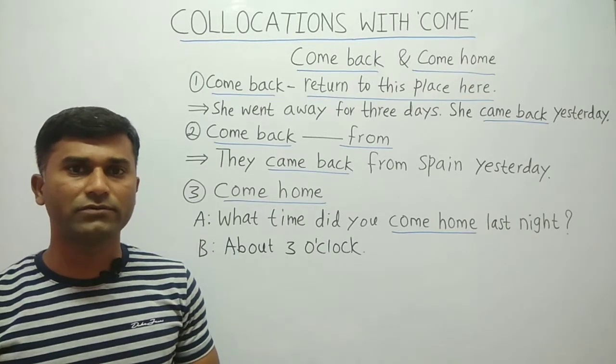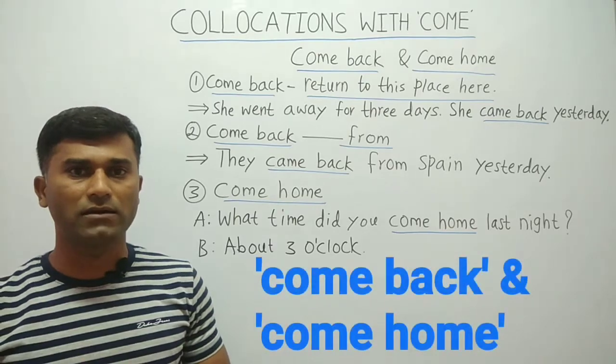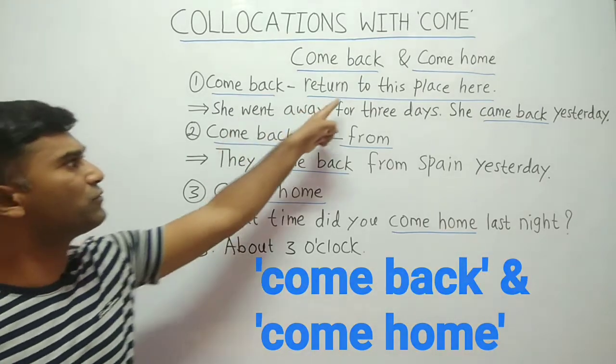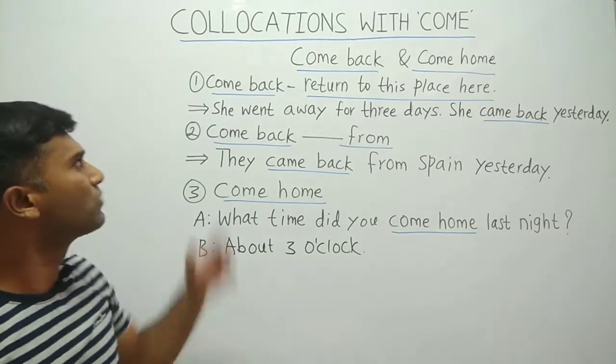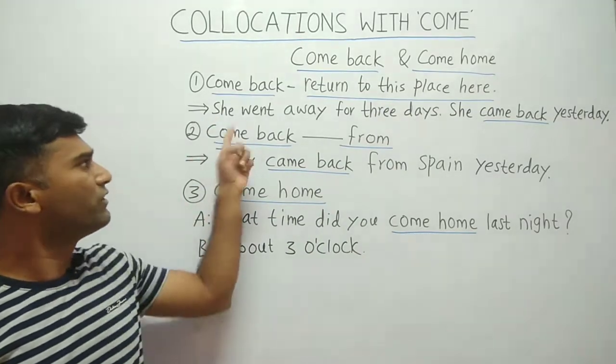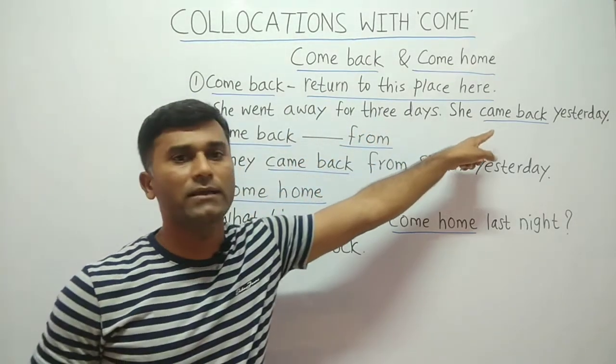Next expression with come is come back and come home. First we will see come back. Come back means to return to this place here from somewhere else. For example, she went away for 3 days. She came back yesterday.